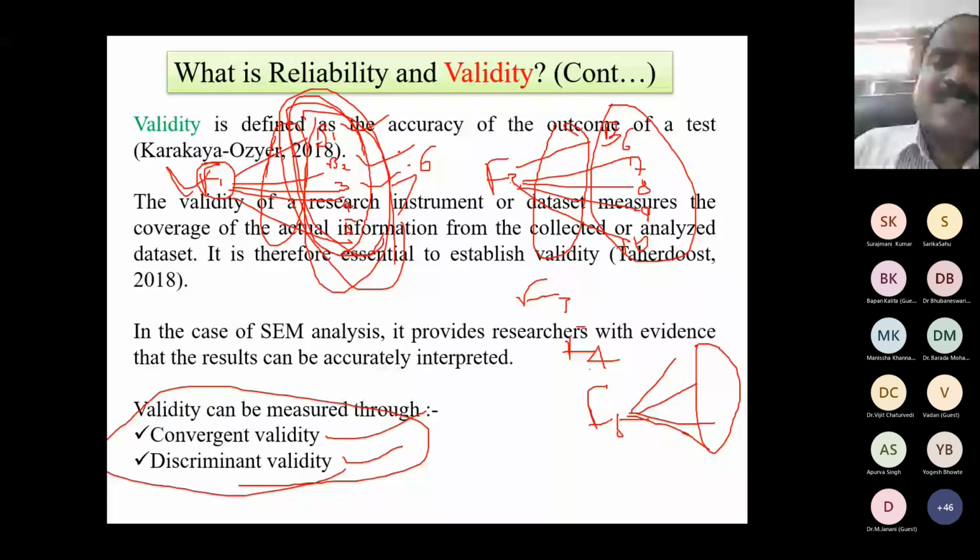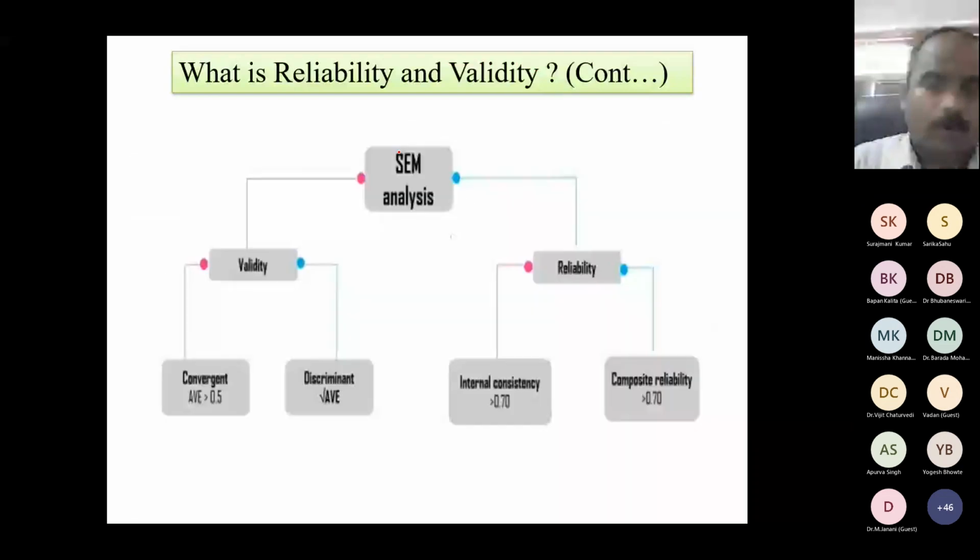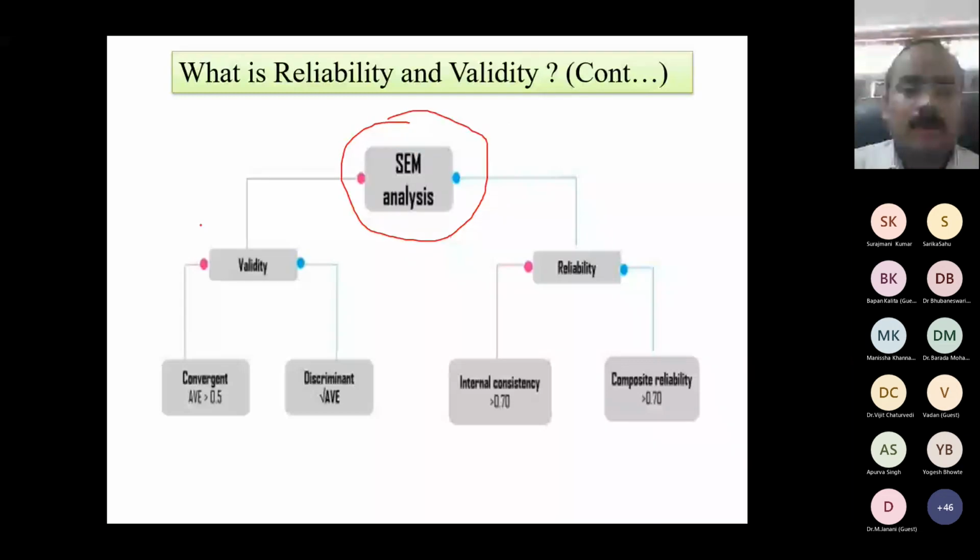So this is the thing I have already discussed. It is because I want to devote more time to the hands-on practice, so I am explaining all these PPT explanations overall. No need to go through them. Look at here. Just to explain, in the SEM, one thing is validity, one thing is reliability.